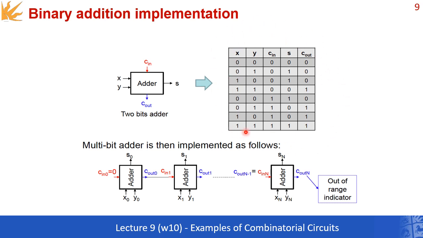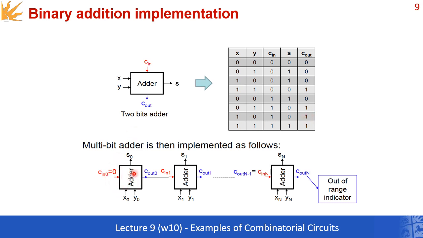Perhaps the most interesting case is the last one over here, that you add 1 plus 1, there is a carry, so the result is 1, and there is a carry out. And of course, this case over here, that you add 1 plus 0, or 0 plus 1, and you also have a carry, in which case the result is 0, but you carry out 1.